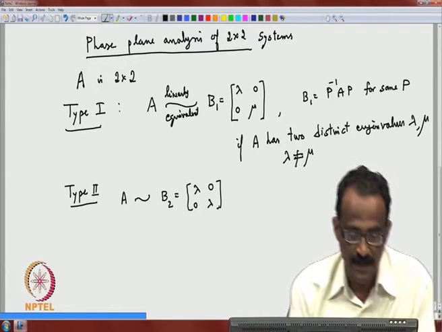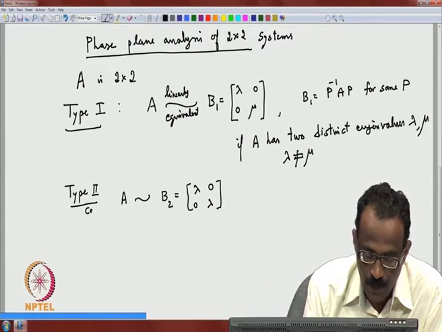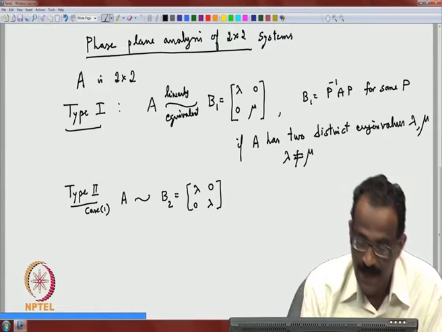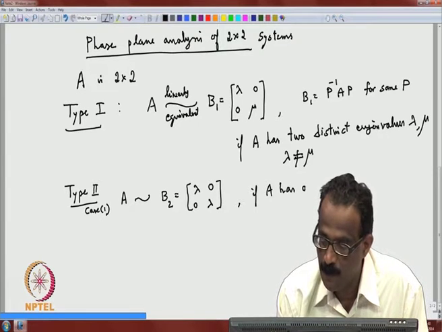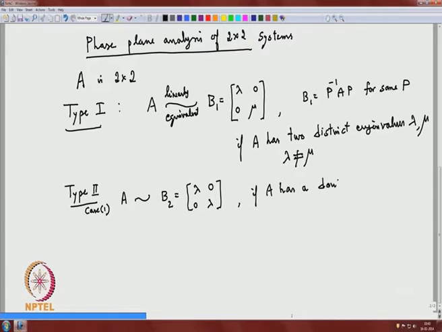This is case 1 of type 2, and it happens if A has a double eigenvalue. A double eigenvalue means an eigenvalue with algebraic multiplicity 2.